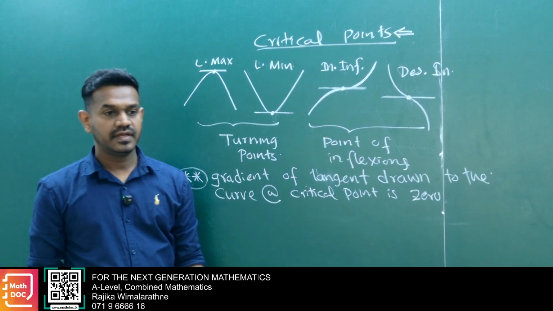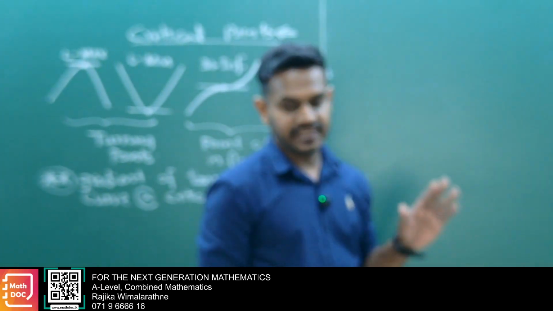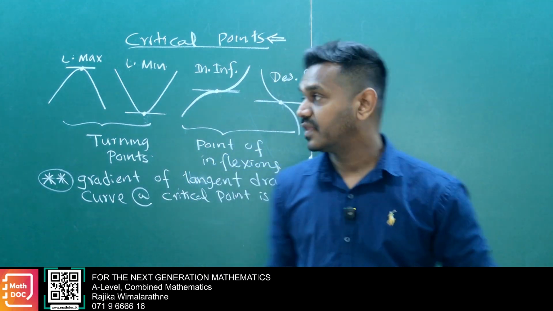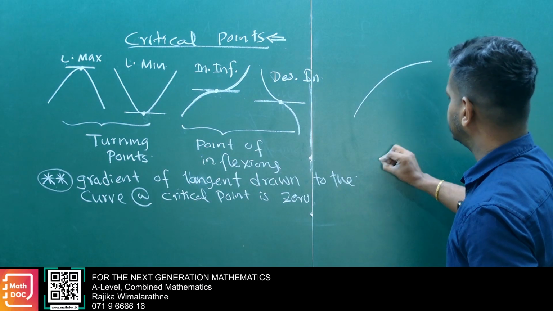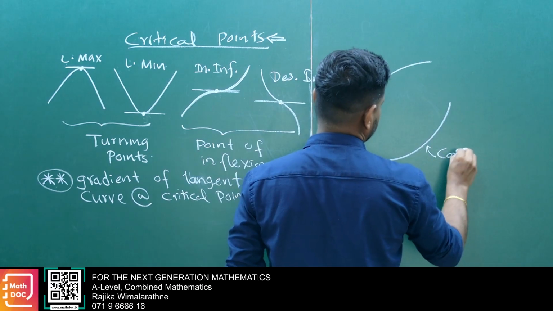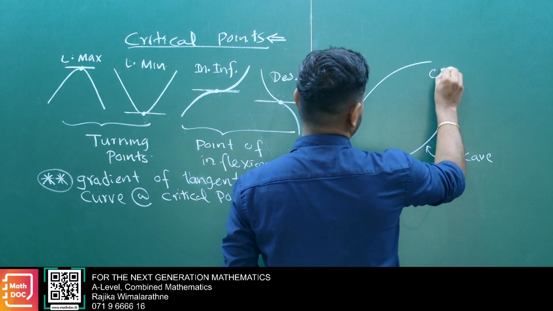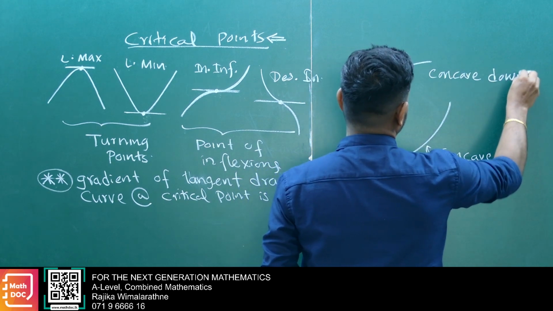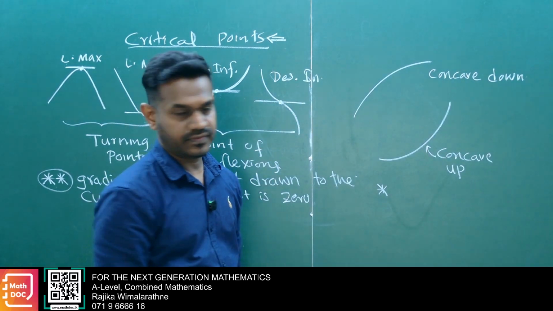Okay. Now at the same time put this on as well. Take this. So here this type is concave down, here this type is concave up. Here concavity we check by the second derivative.